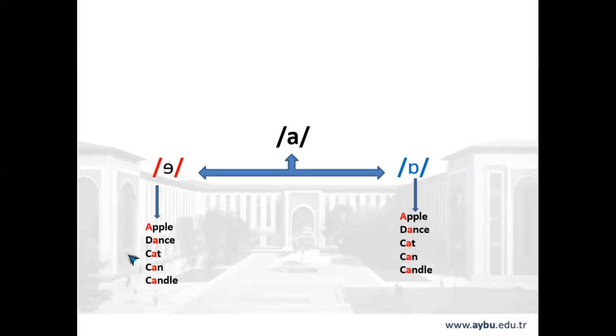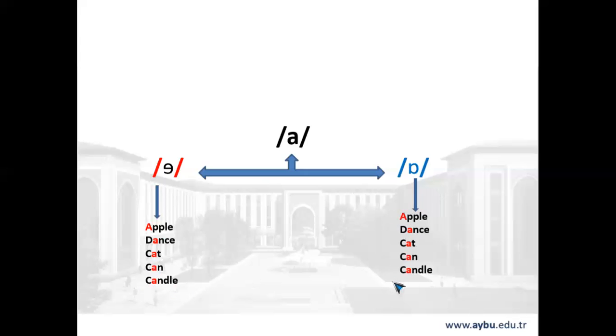Notice that these vocabularies are the same vocabularies that can be seen here. However, notice the difference in pronunciation as can be seen from the left and the right. The first pronunciation of this word here will be e: apple, dance, cat, can, candle.